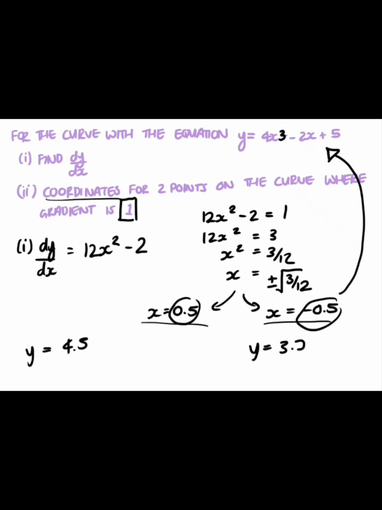Oh, sorry, looks like a 3. There you go. So your two coordinates must be (0.5, 4.5), and (-0.5, 5.5). And there you have it. That's how you'd approach that question.